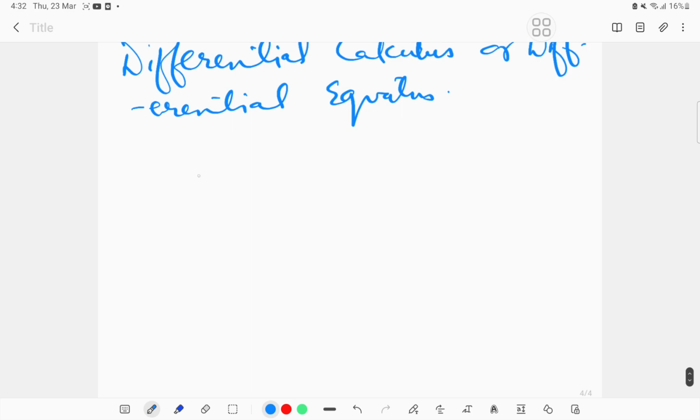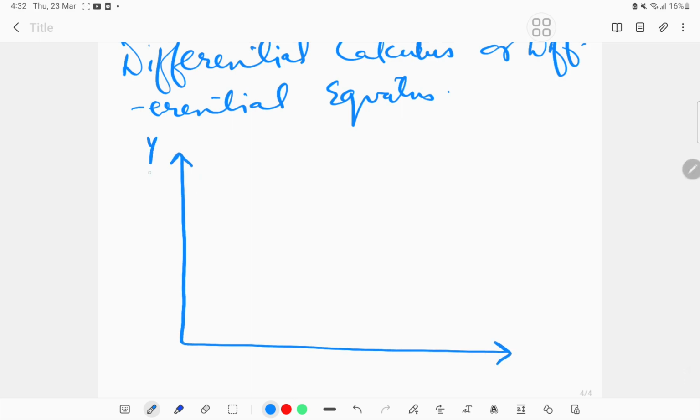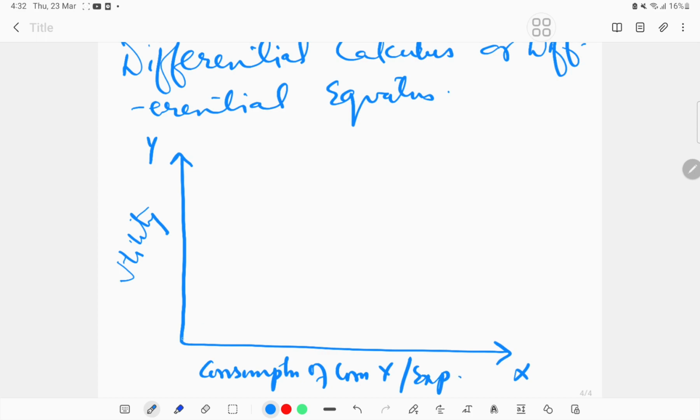अब फॉर एग्जांपल हमारा ये कर्व है यूटिलिटी का. So on the y axis we have utility, on the x axis we have consumption of commodity x and expenditure on it. So our total utility starts from 0. This is our total utility curve. Total utility starts from 0 because if we didn't purchase the commodity, we didn't spend any amount, so it is 0.